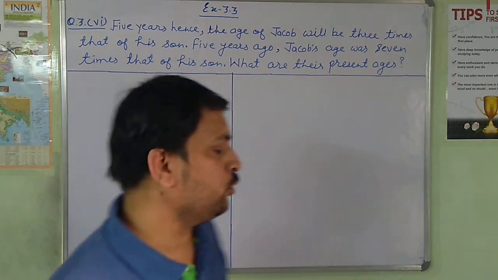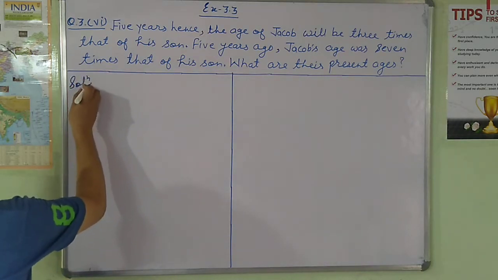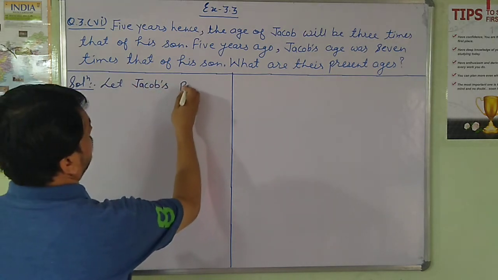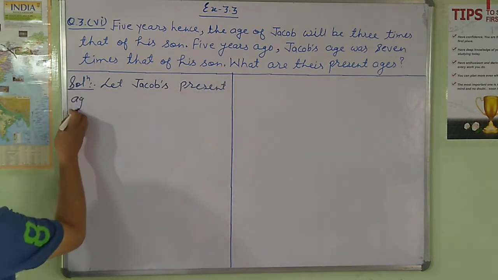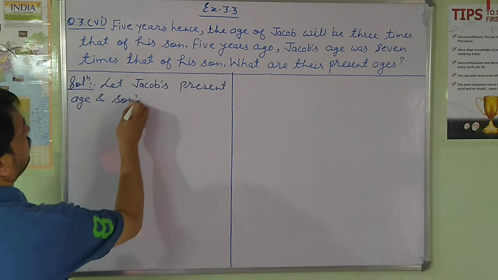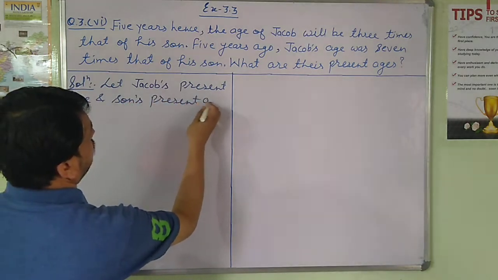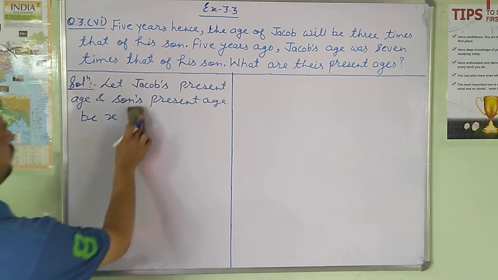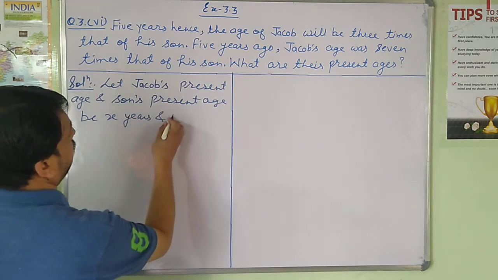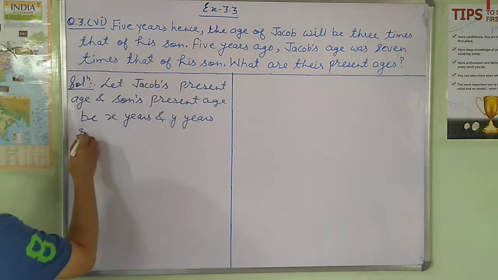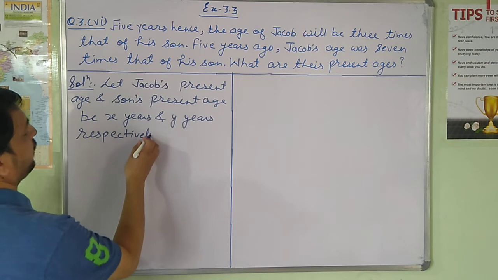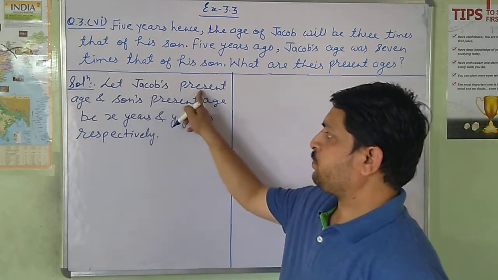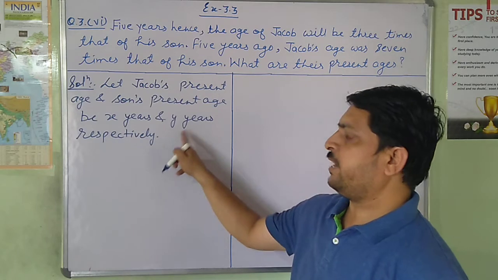So first we will assume that let Jacob's present age and son's present age be x years and y years respectively, because we have to find two ages, present age of Jacob and present age of his son.